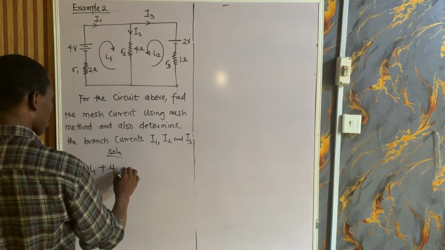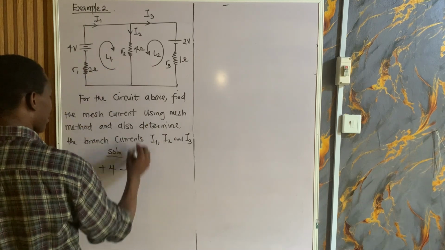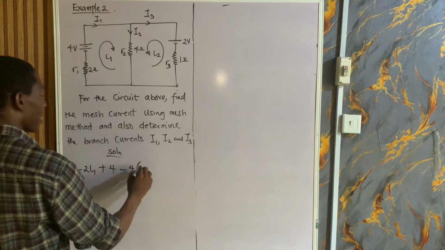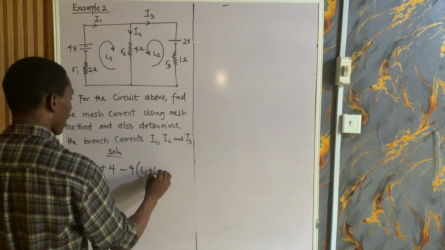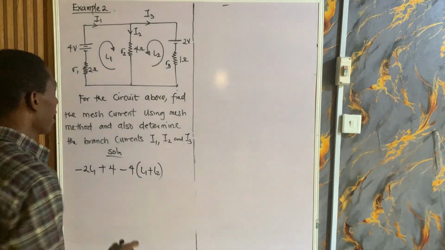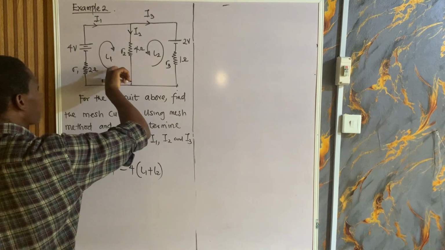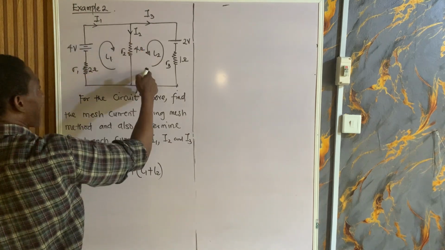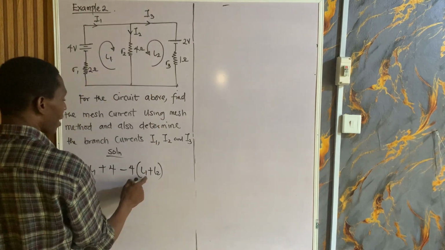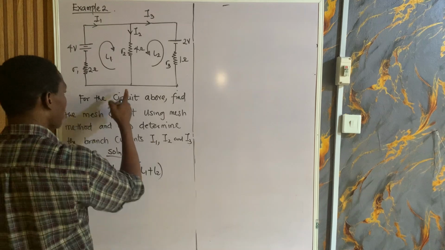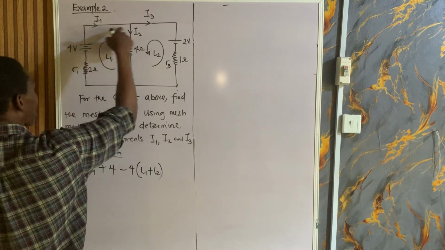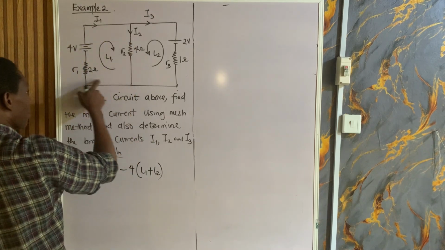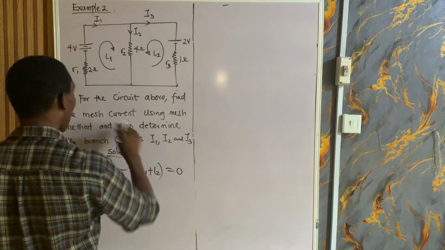This will be minus 4, that's the resistor, into brackets, I1 plus I2 this time around. So you have to be careful here. Check: how is I1 flowing in the middle part? It's flowing downward. How is I2 flowing? It's flowing downward. And that's why it's like this. So at the end of the day, nothing else to read here. Equal to 0. I'm done with the first mesh.